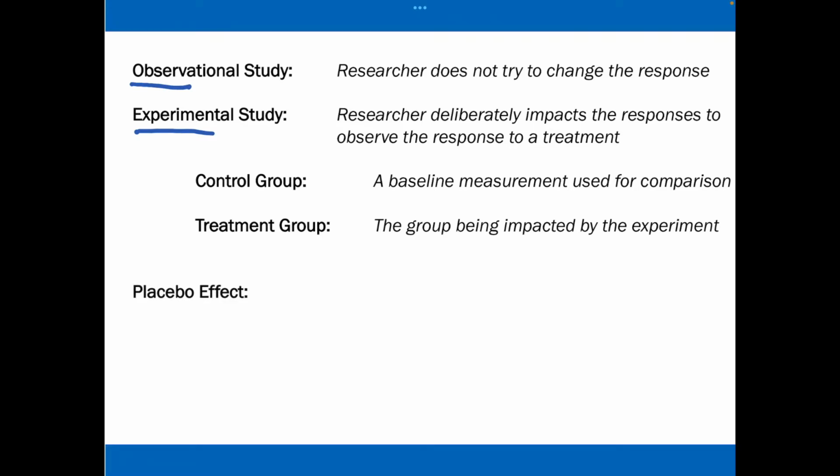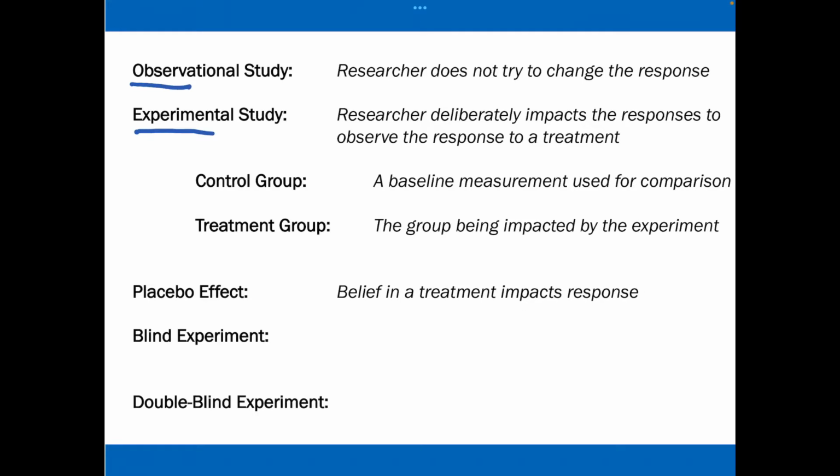As we think about control group and treatment groups, there are some things we need to consider. We need to consider placebos, and we need to consider whether we're going to add some sort of blinding to our experiment. Placebos are where the belief in a treatment might impact your response. And it's a funny thing about humans that just believing that a medication or an experiment is going to affect you, to some degree, your body will respond to this.